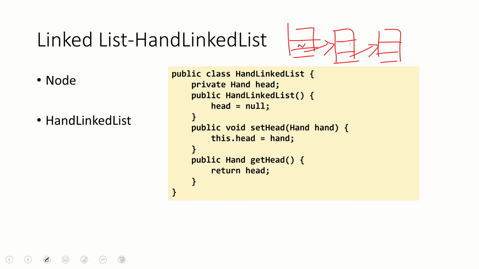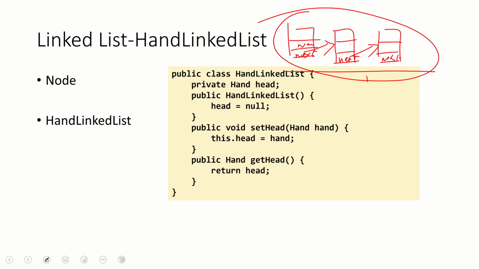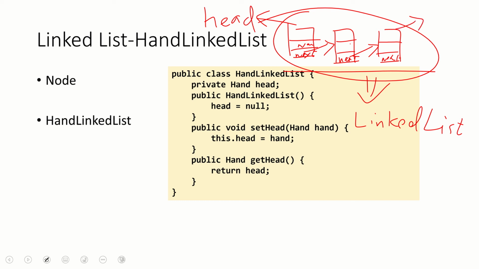One is the name, the current node name, then the reference to the next one, right? This is what we call linked. So in the linked list, you should know who is the head, right? Or who is the tail.